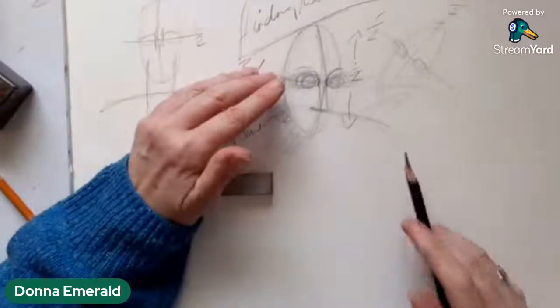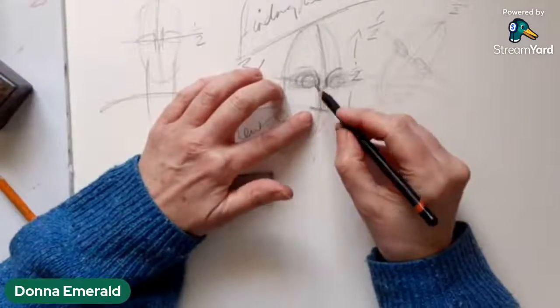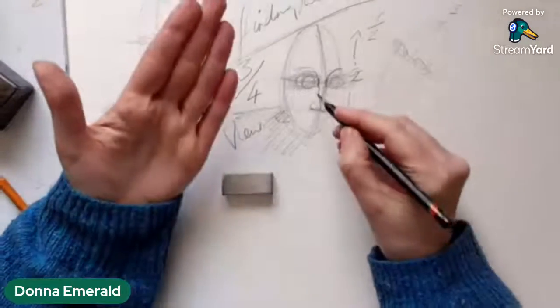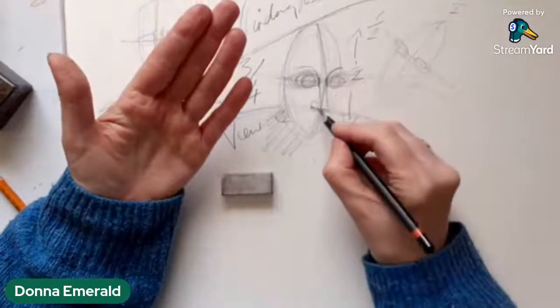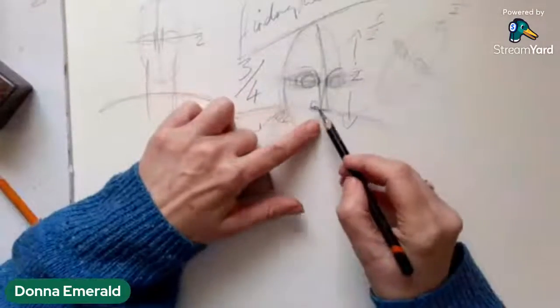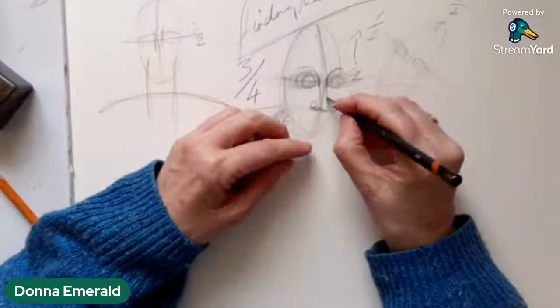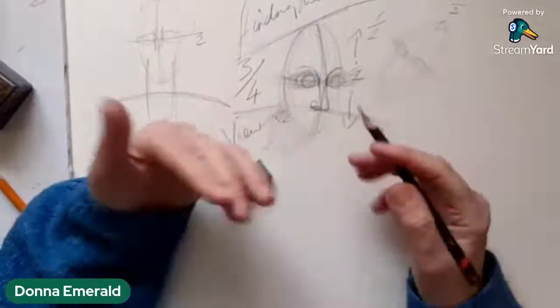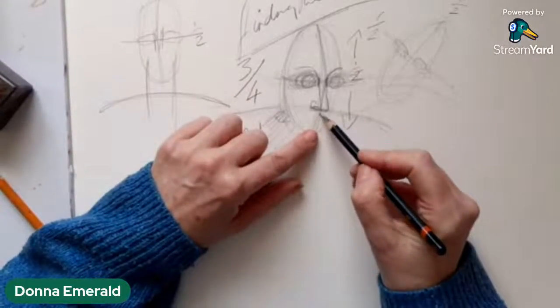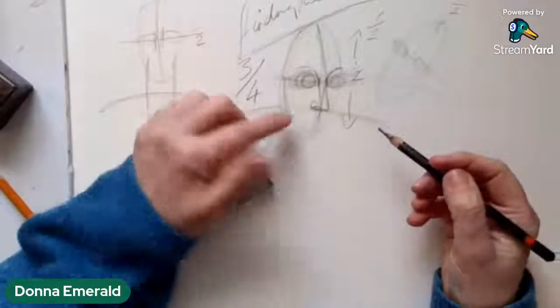So that's how you find out what angles things are, because it can be quite deceptive, these things. So sometimes you have to check. Now we can put in a nostril just roughly, okay? And everything's still very square looking. So that'll all change a little bit in a while. Still looks a bit cartoony and everything.